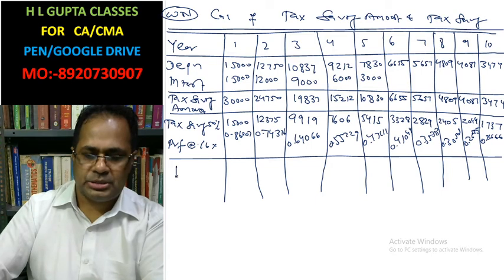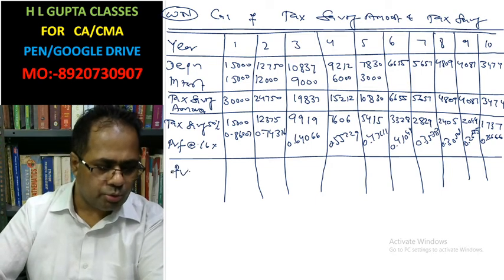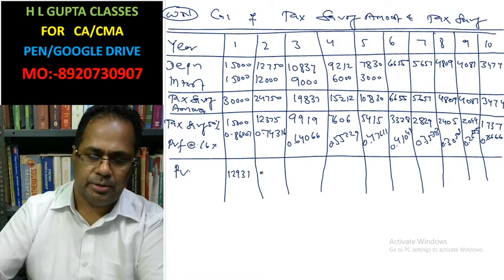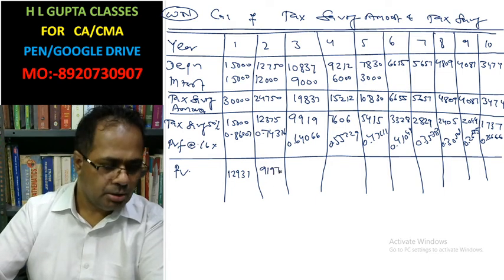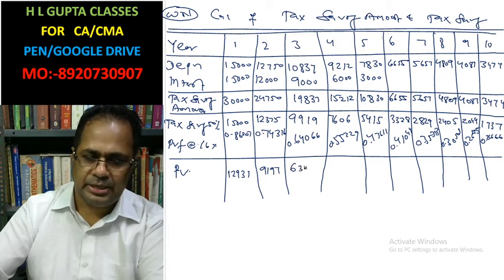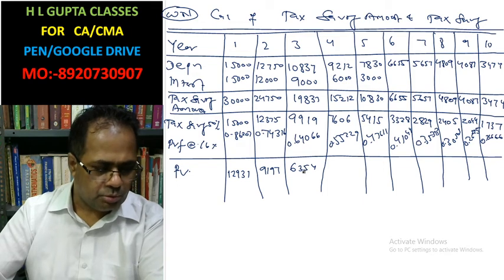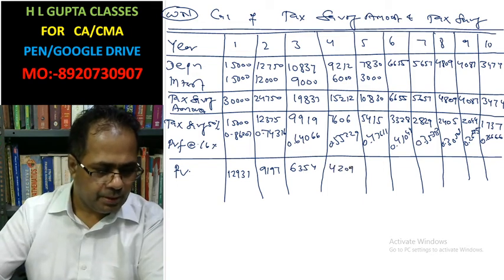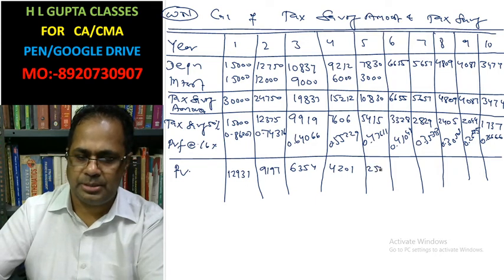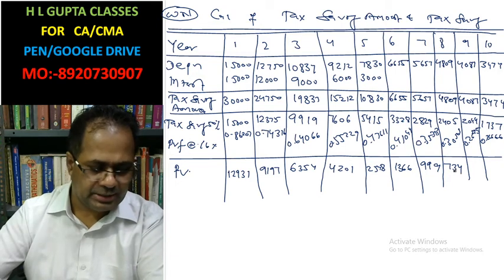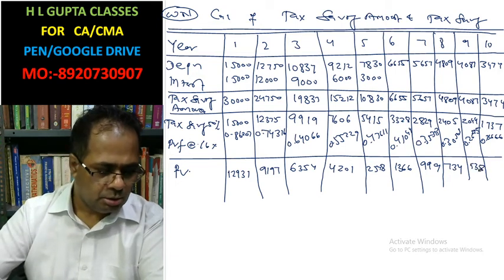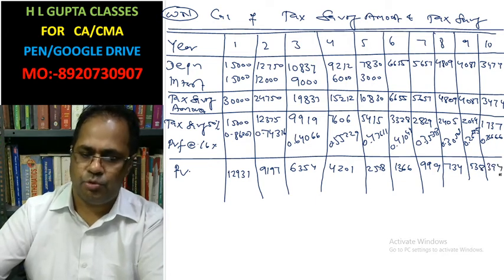Now we have to calculate present value. Present value 12931, 9197, 6354, 4201, 2578, 1366, 999, 734, 538.